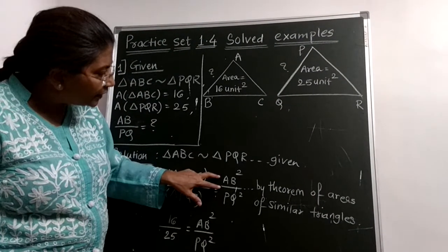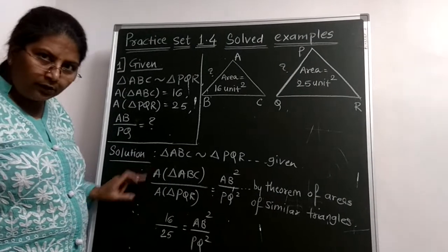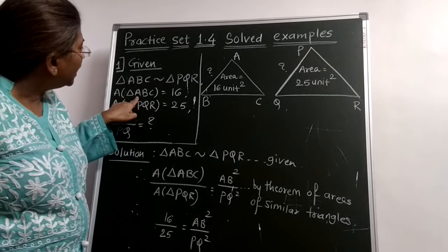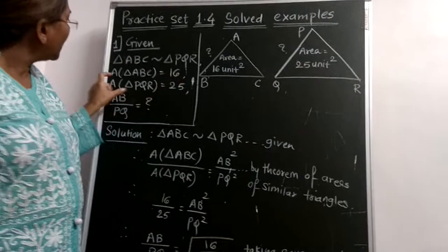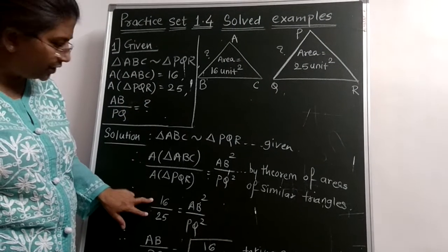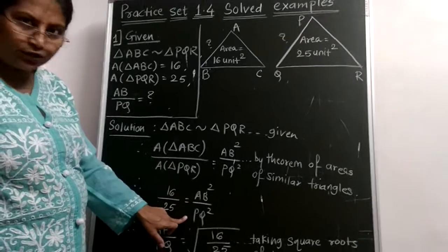Here, the area of triangle ABC is 16 units and the area of triangle PQR is 25 units, which we will substitute here. It means 16 is to 25 is equal to AB square is to PQ square.